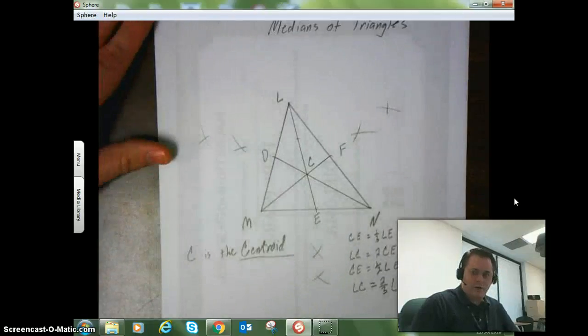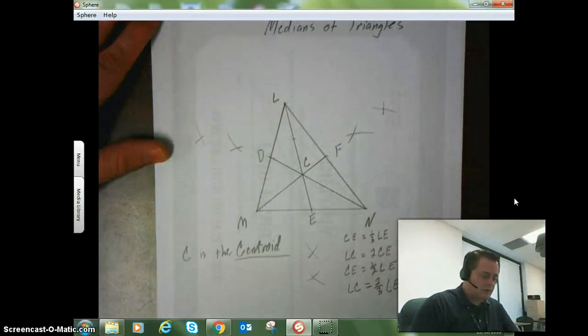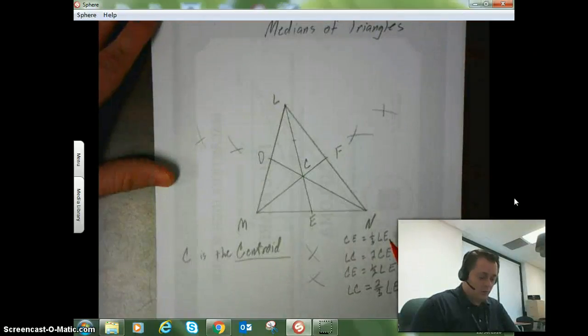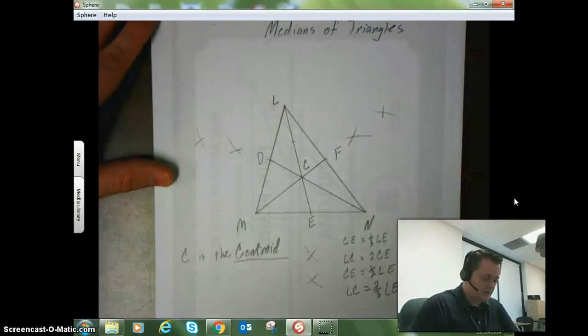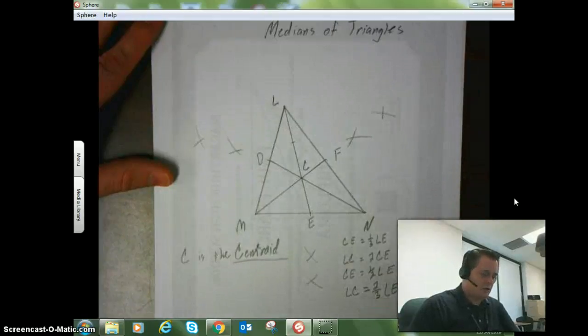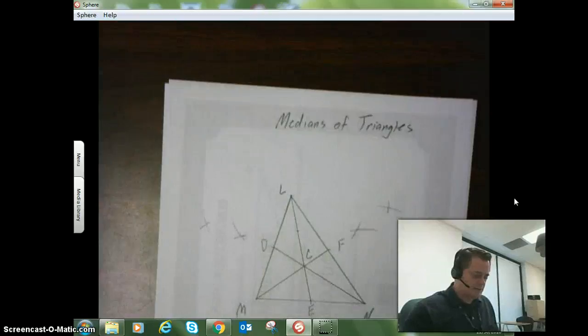Those are some very interesting characteristics about the centroid of a triangle, or the medians of a triangle. These will be tested in your assignments, quizzes, and tests. I don't want to just say, trust me because I'm the teacher. I want you to see this is why. It's not like people just made this stuff up. Based off of observations, we can conclude certain things.